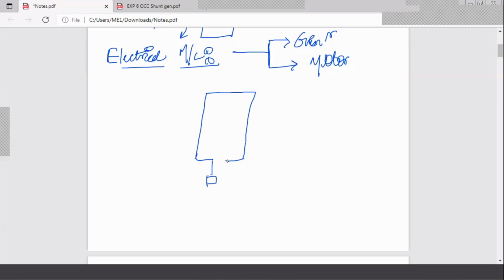There is some issue with the connector here.